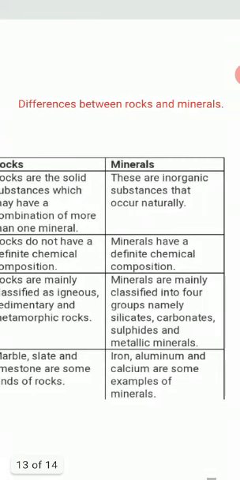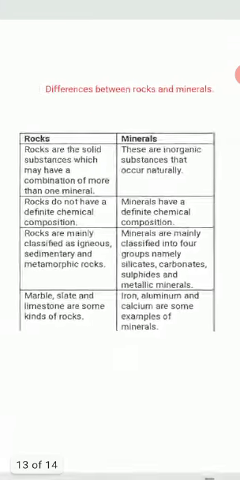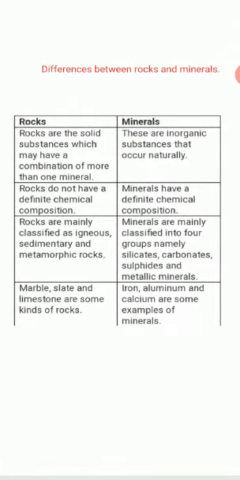And these are the differences between rocks and minerals. On both sides you can use them as characteristics, and you can also use them as a comparison. So rocks and minerals, there are 4 points on each side. Let's start with rocks.